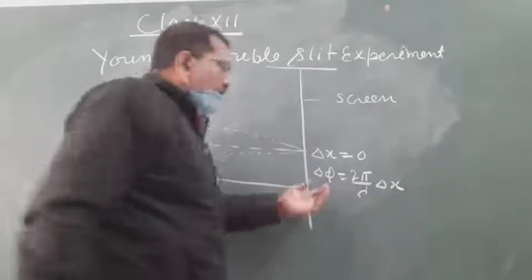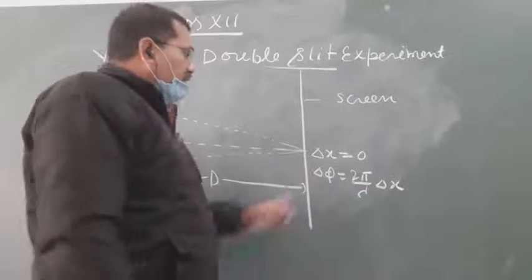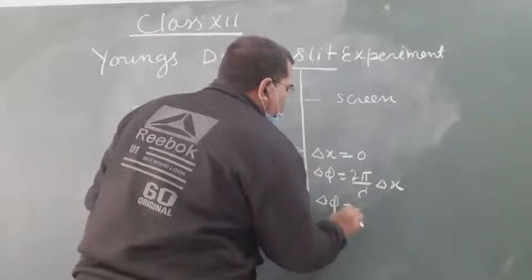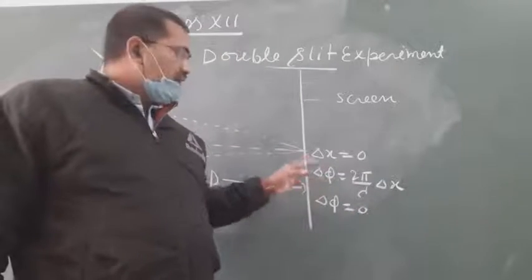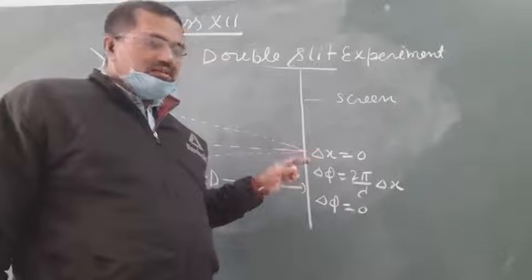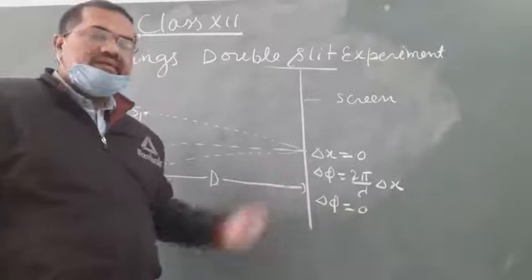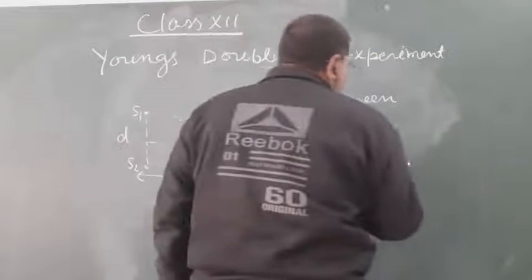The formula of phase difference is delta phi equal to 2 pi by lambda into delta x. As delta x equals 0, delta phi equals 0. That is, both the waves meet at this point in the same phase. So maxima will be obtained, constructive interference will occur here. This is called central maxima.